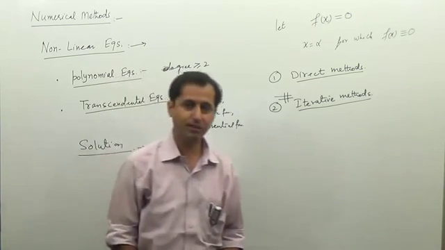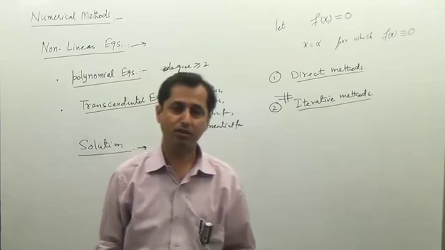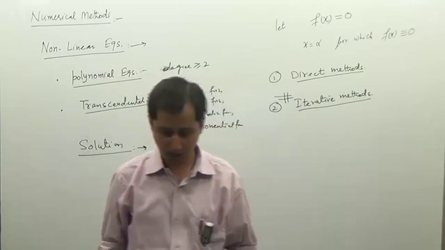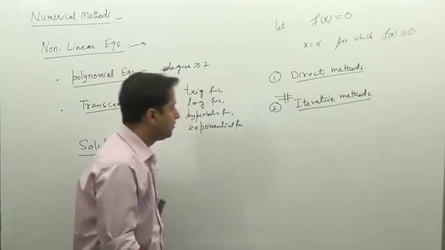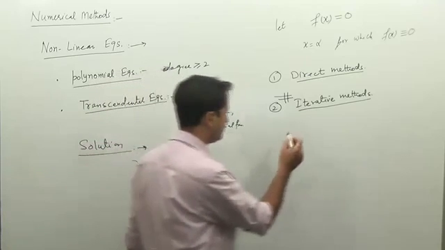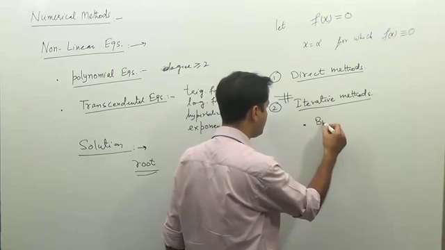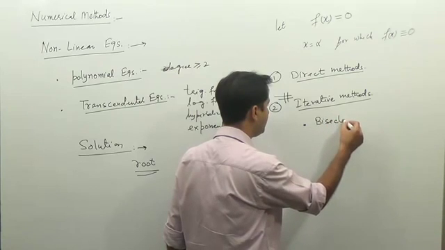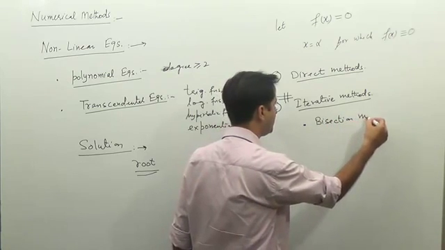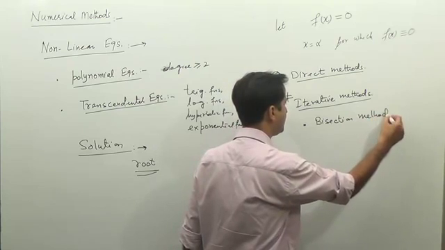So this method gives only one root of the equation. In our curriculum we confine ourselves to only 2-3 methods. First is the bisection method.